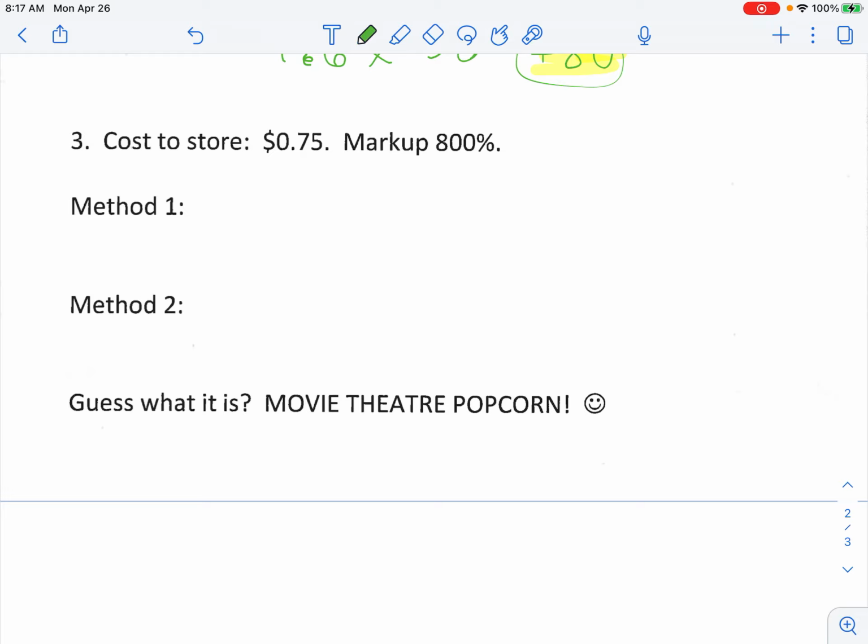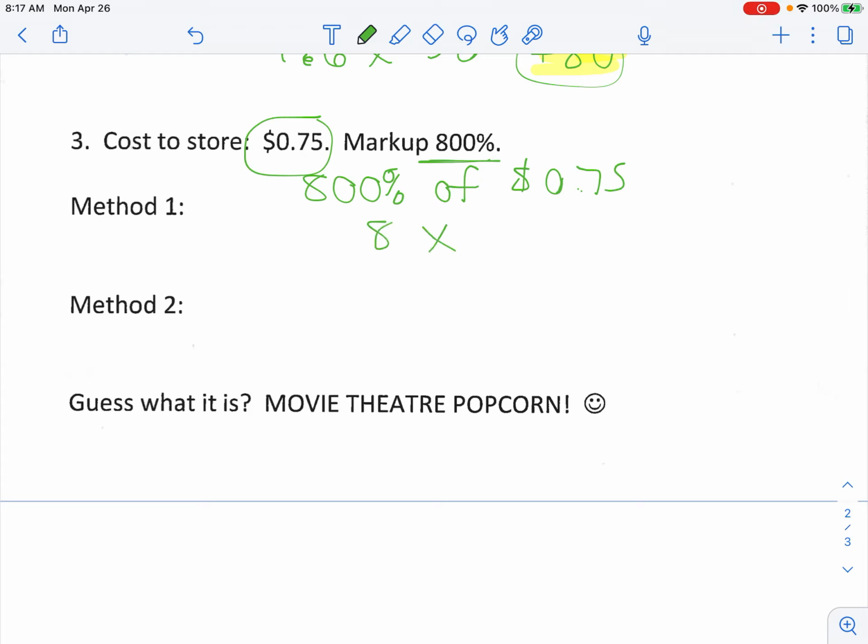Cost to the store is 75 cents. They have marked up their product by 800%. Method 1. So 800% of 75 cents. That's what I'm thinking in my head. How do I find 800%? Well, 800% is 8.